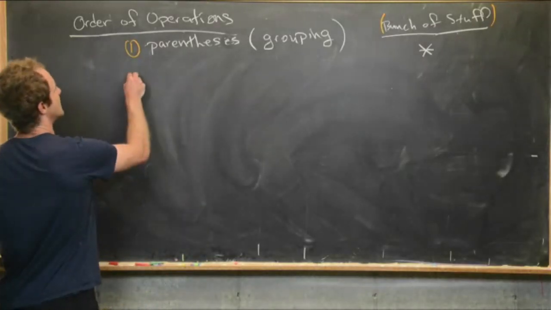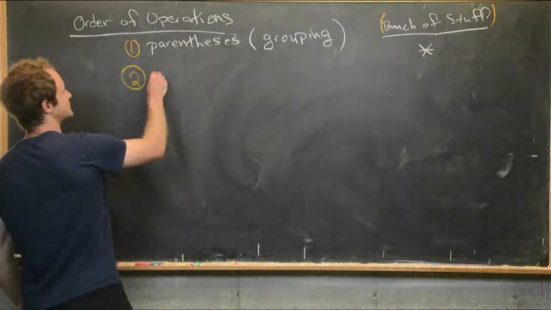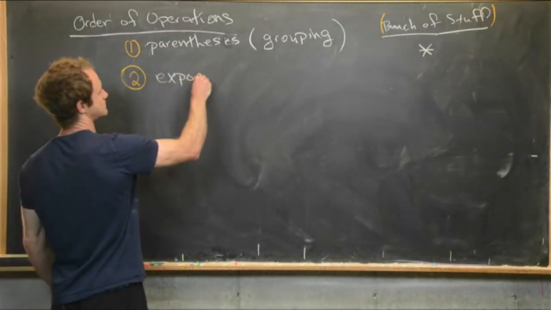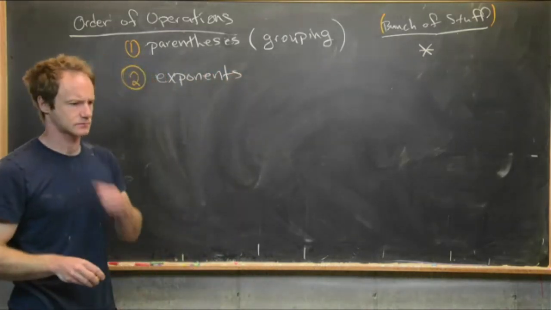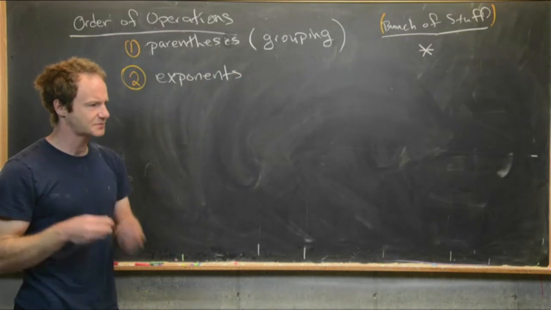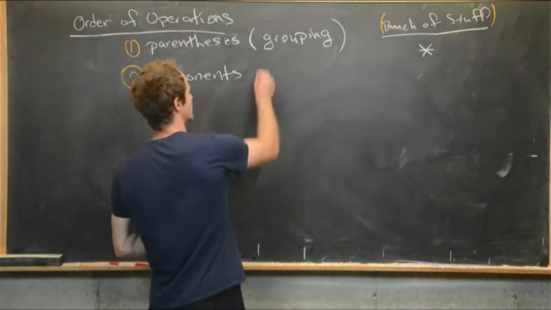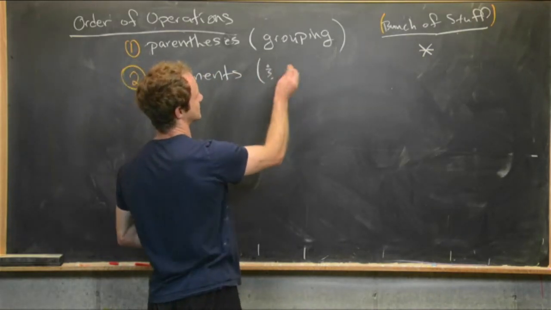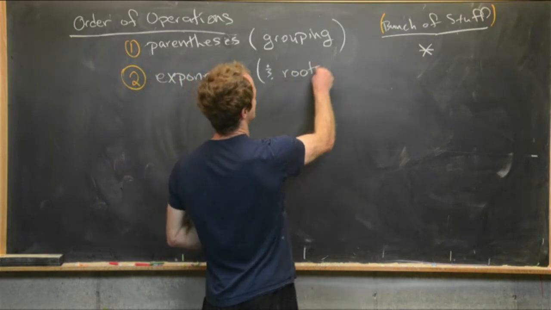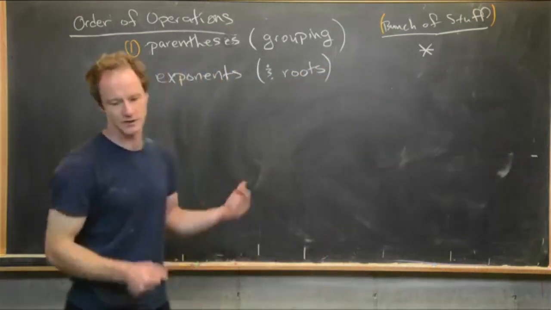Okay, great. And then after simplifying the parentheses, you do exponents. And I want to point out that exponents also mean taking roots. So maybe we'll put this in quotes, in parentheses: exponents and roots are the same thing. By our last exponent rule, we kind of saw that, right?